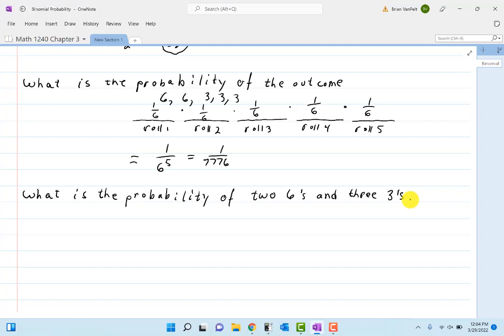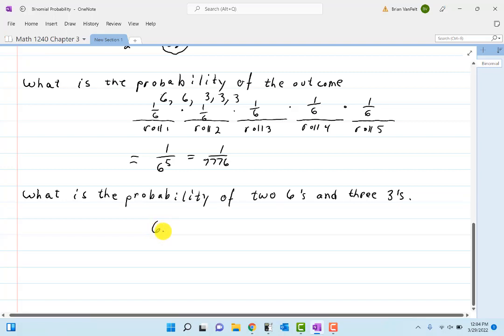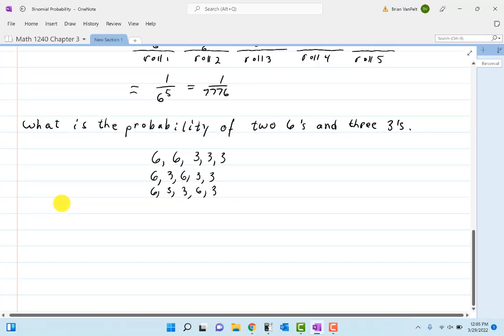So think of this. When I have this, I could get this. One possibility is 2 6s first, but then 3 3s. Another possibility is something like this. Or this, perhaps. If I had a way of counting all the possible ways of mixing up and arranging the 6s and 3s, then I could figure out the total or the size of the event.